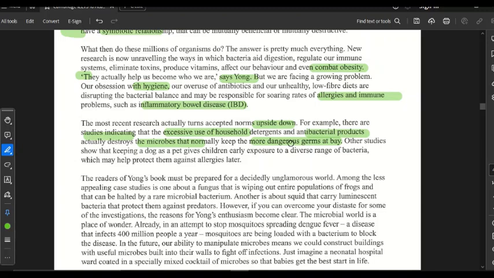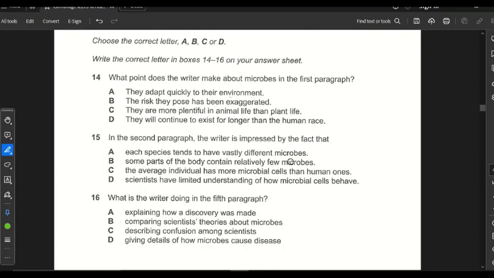Let's put it that way because that's what it's trying to say. We have microbes that protect our body, and our use of detergents or antibacterial products rather destroys those normal microbes that keep the dangerous ones away. So we are using antibacterial products and it is counterproductive.